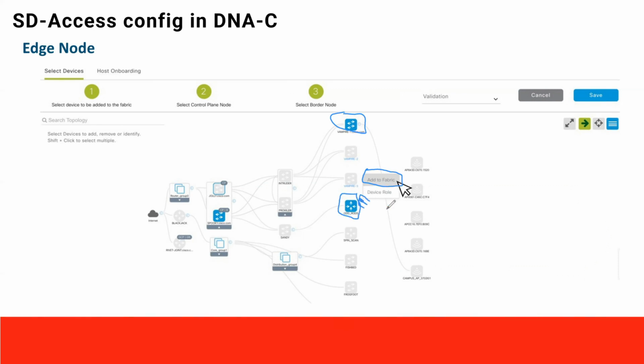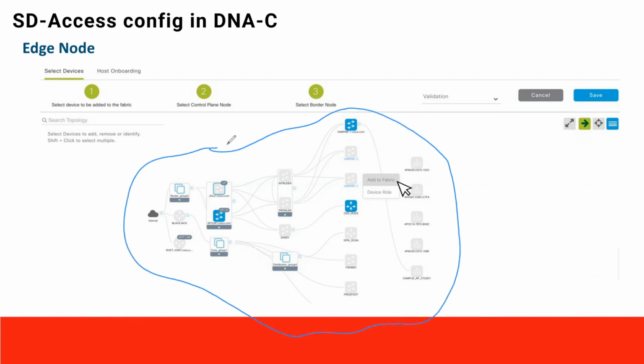When E is assigned, it means that node is specifically acting as an edge node, which will connect the endpoints only. The endpoints will not be visible in this diagram because there are multiple endpoints, but you can see that a diagram is already established showing how it is connected.